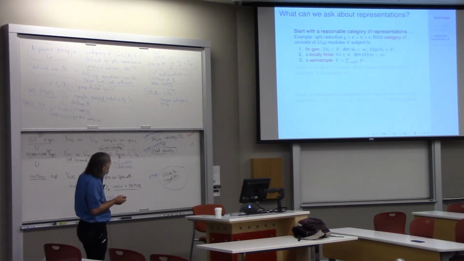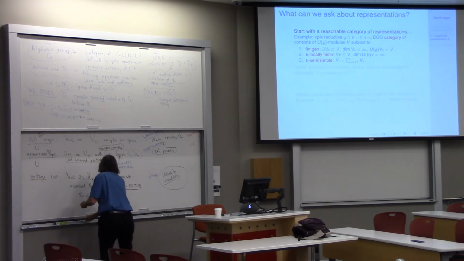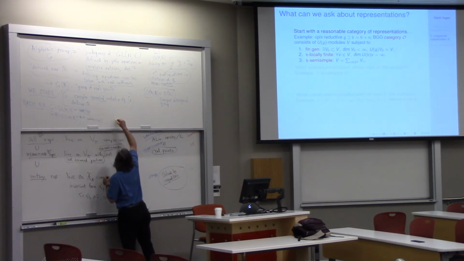So if I have a linear functional gamma on h, I want to write V gamma.